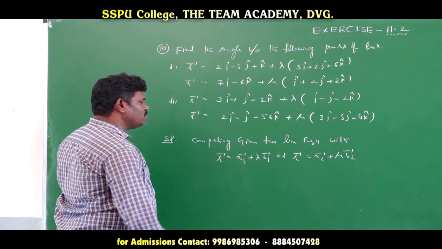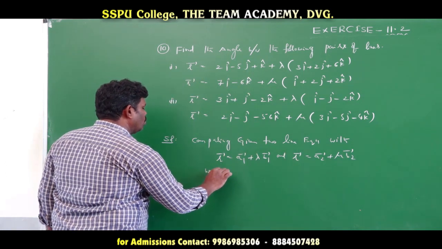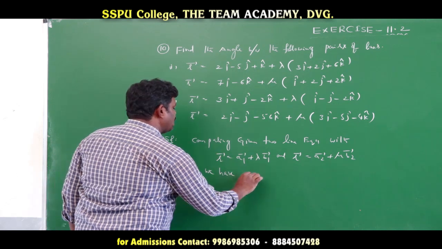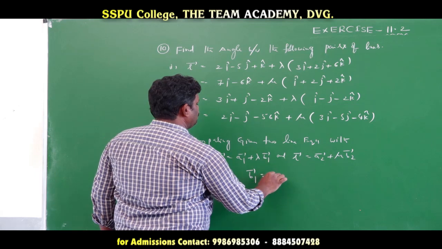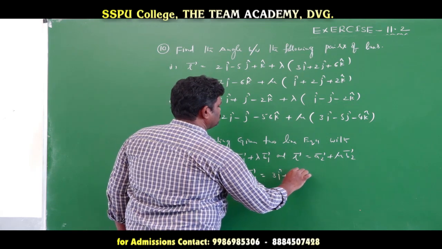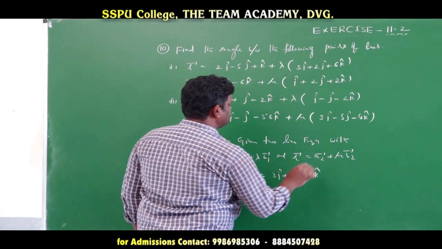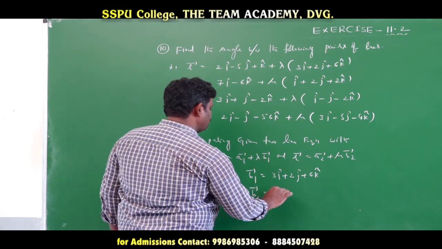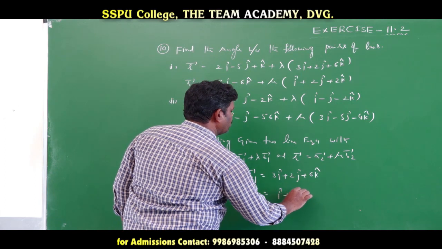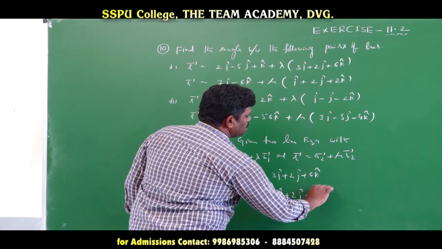So directly we have B1 bar is equal to vector 3i cap plus 2j cap plus 6k cap. B2 bar is equal to i cap plus 2j cap plus 2k cap.